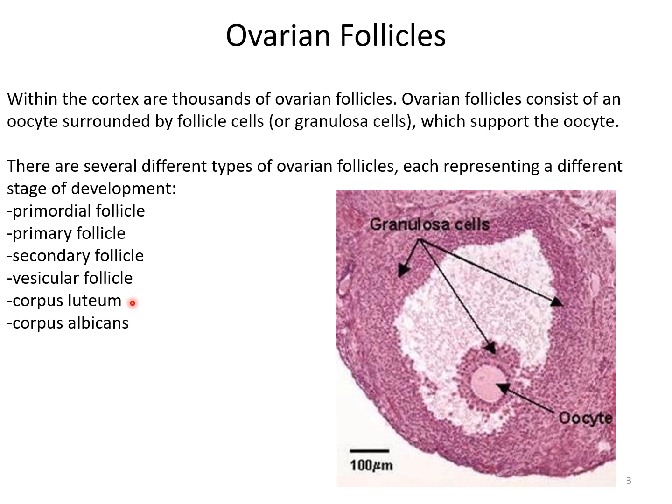And then a while after that, it becomes a corpus albicans. So these are the various stages of follicles. Once the monthly ovarian cycle starts, you'll see development of the primary, secondary, vesicular, corpus luteum, and corpus albicans. But most of them are in this primordial follicle stage.